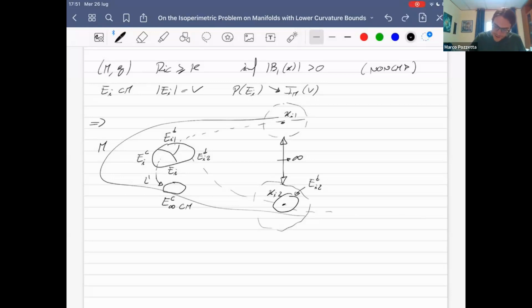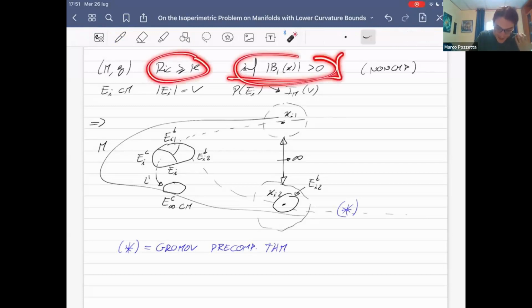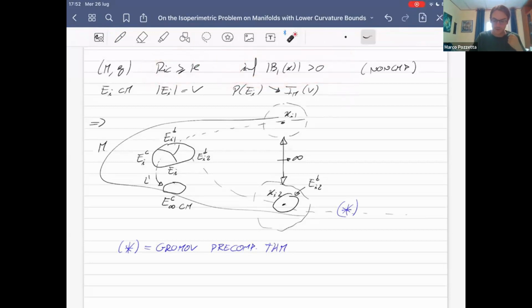Not only that, I can use a very useful precompactness theorem, which I don't have time to discuss now, but just let me mention the name, the Gromov precompactness theorem, to tell you that in a generalized sense, a very weak sense, just under the two assumptions, and here I am strongly using the fact that the infimum of volumes of unit balls is strictly positive, locally around, for example, this sequence of points, the manifold is looking more and more similar to a certain metric measure space.